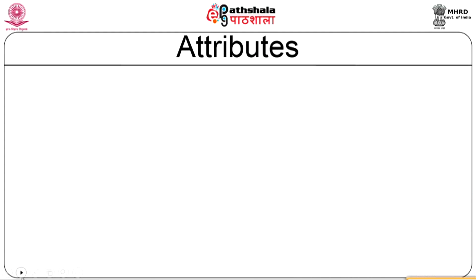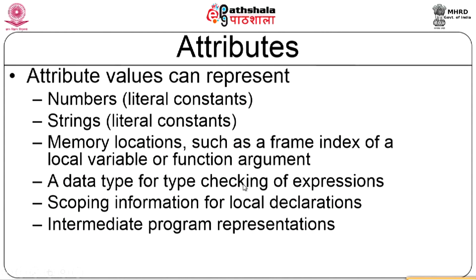Okay. Now in terms of attributes, every terminal and non-terminal has attributes. So attribute values can represent either numbers which are literal constants, or strings, again literal constants. It could be memory locations also, such as a frame index of a local variable or a function argument. I can say E dot value is equal to T dot value.